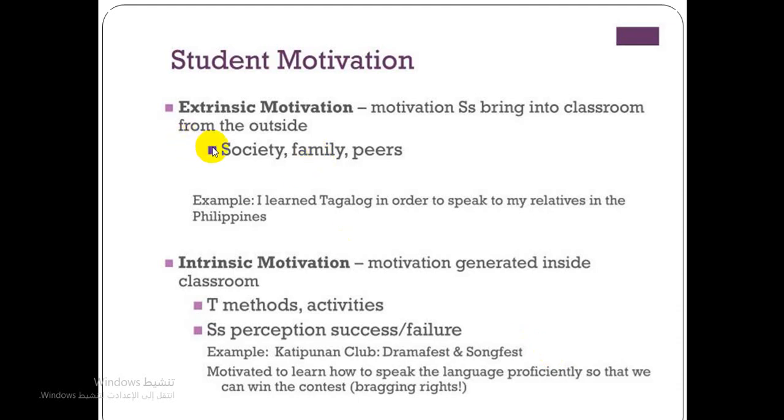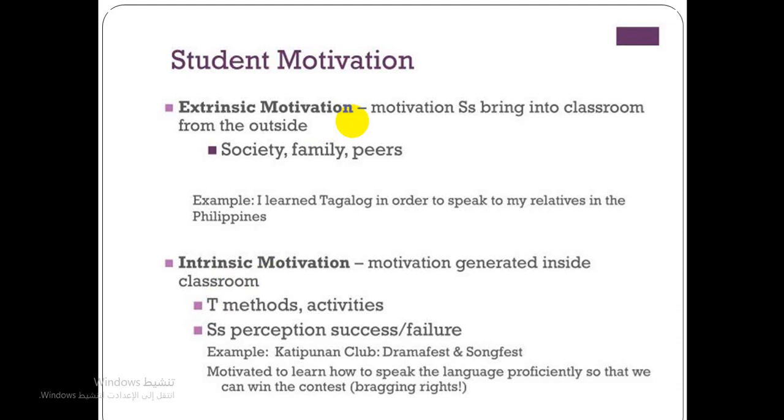What are the types of motivation? We have two types of motivation, which are extrinsic motivation and intrinsic motivation. What is the main difference between extrinsic and intrinsic motivation? Extrinsic motivation comes from outside the classroom.